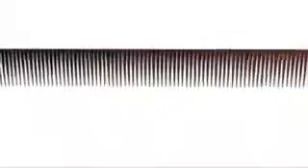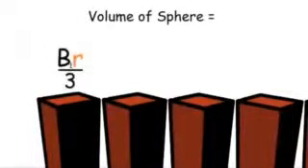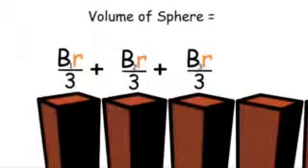So in order to find the volume of the sphere, we simply have to calculate the volume of the pyramids and add them together, giving us a simple formula. So lining up the pyramids, we have volume of the sphere is equal to base 1 r over 3 plus base 2 r over 3 plus base 3 r over 3.